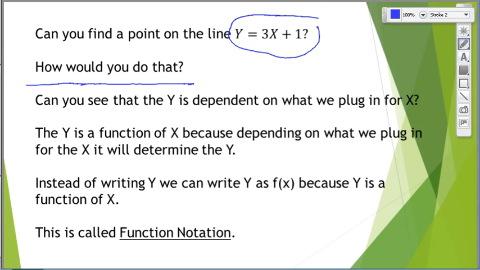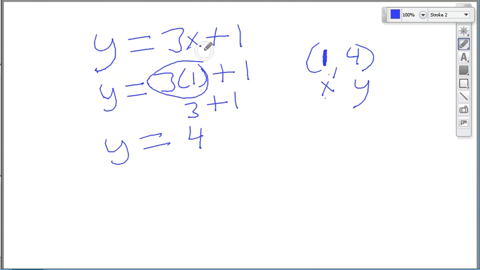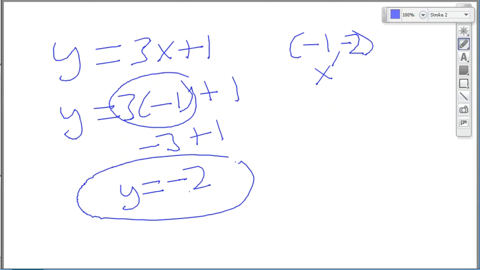So for each of these examples that I just gave you, can you see that the y is dependent on what we plug in for x? Okay, so when we plugged in 1 for the x, our y was equal to 4. When we plugged in negative 1 for the x, our y was equal to negative 2.